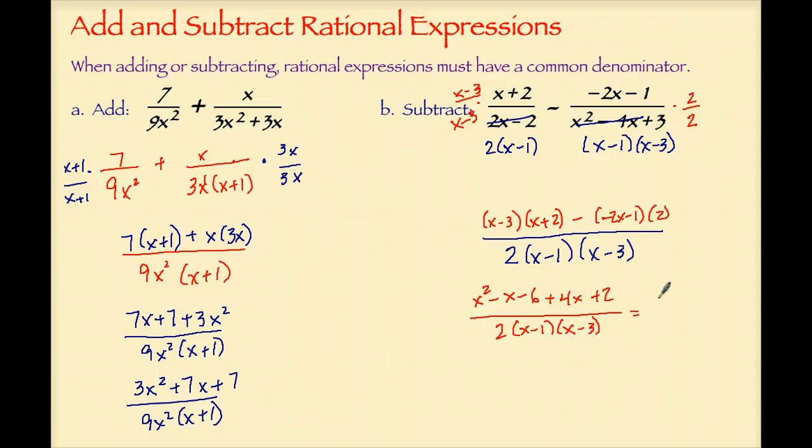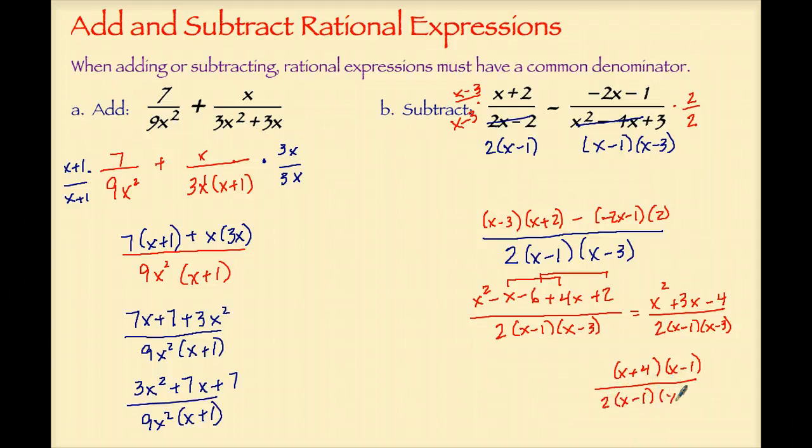My new numerator, x squared, has no like terms, but I can add negative x and 4x and get a positive 3x. I can add a negative 6 and a positive 2 and get a negative 4. And that's over, of course, (2x minus 1) and then (x minus 3). Now notice this can be factored into (x plus 4)(x minus 1), which is exciting because we have an x minus 1 factor in the denominator.